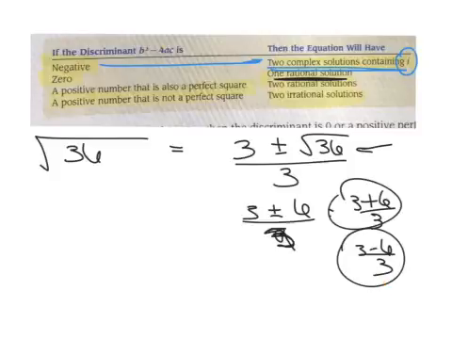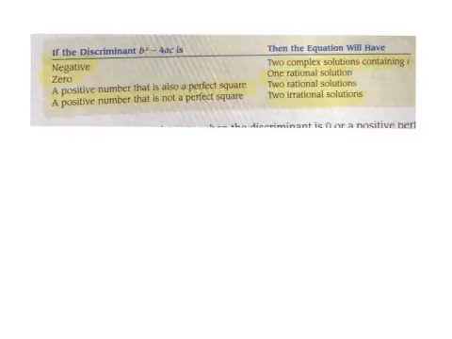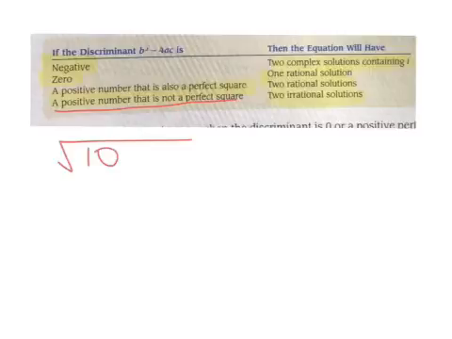What if, and this is the last one, let's see if I can erase some of my ink here. What if I have a positive number under my radical sign that is not a perfect square? So any positive number I cannot take the square root of. Positive 10.